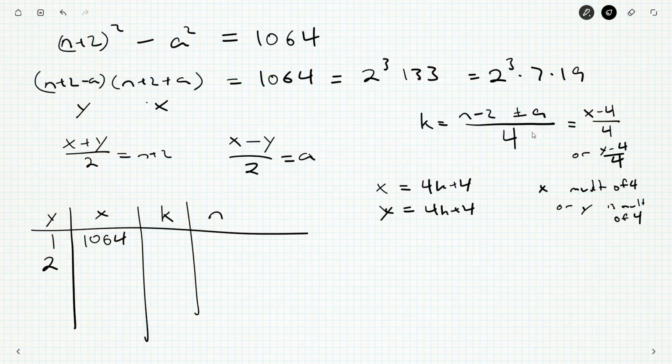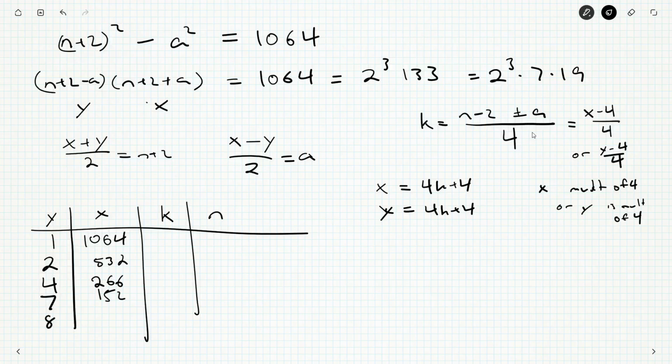We'll also have 2, 532. We can have 4 and 1, not 133, but 266. We can have 7 and whatever 8 times 19 is, 152.